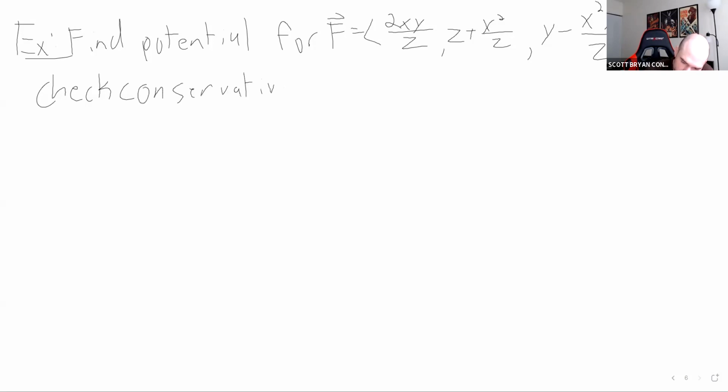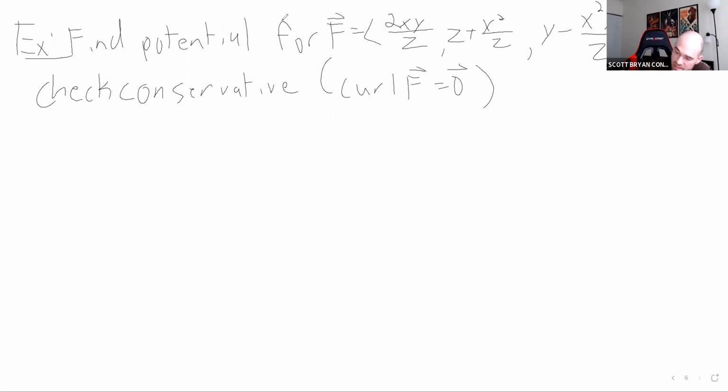So we check that it's conservative. In other words, check that the curl of our vector field is 0. And you can do that. We don't have time here, but that's fine. It's all good. It happens. I'm telling you this one's conservative, but you could check that for yourself.